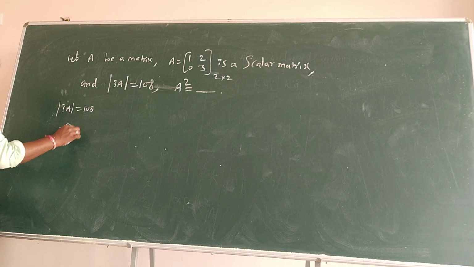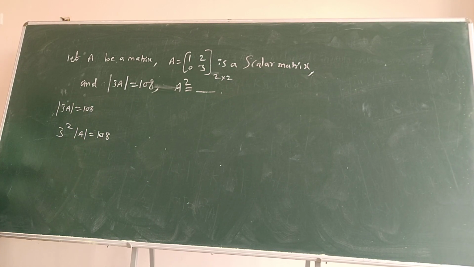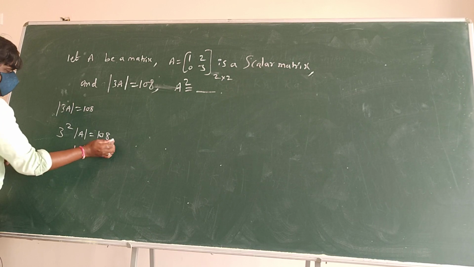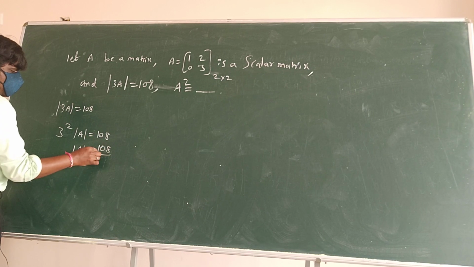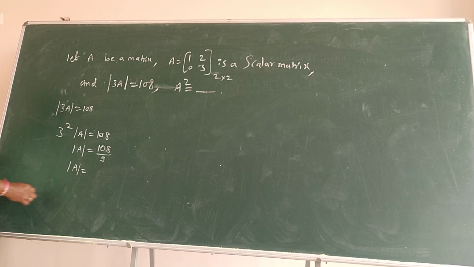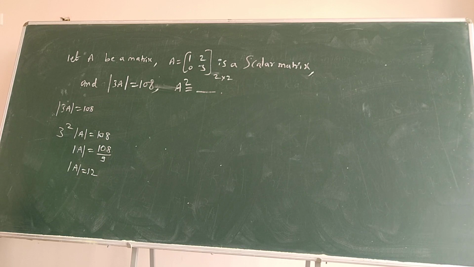So 3 square mod A is equal to 108. 3 square is 9, so mod A is equal to 108 divided by 9, which is 12. But what did they say?